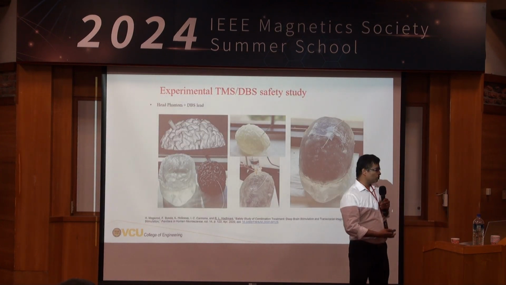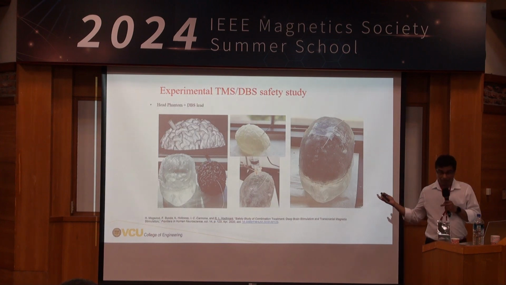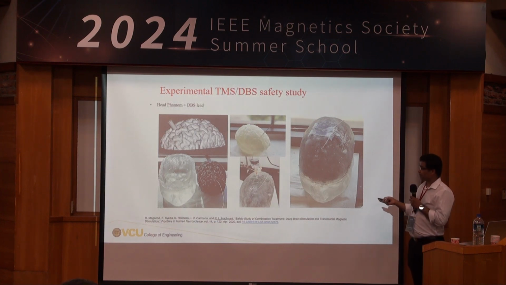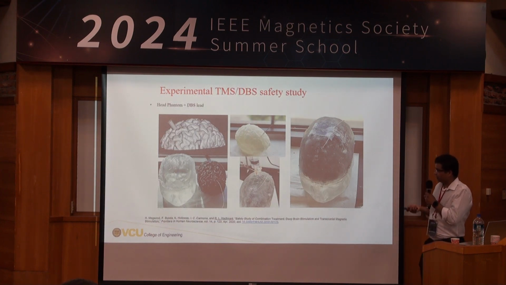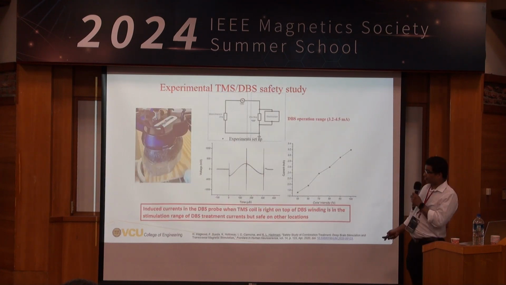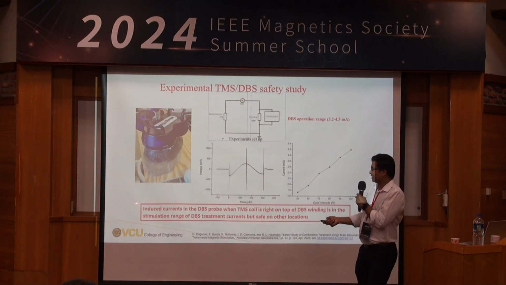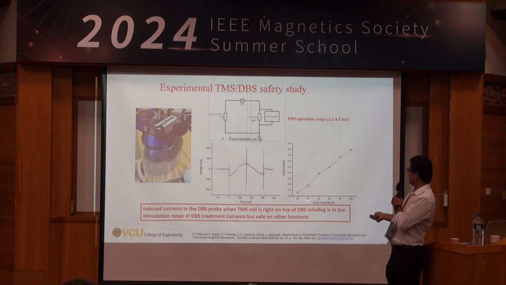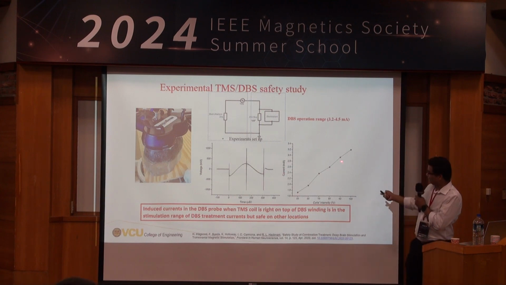And then we wanted to use our brain phantom to measure the same current when you apply TMS on the phantom that has DBS leads. So we did that, and here is the current in the DBS lead. This is in milliamps.